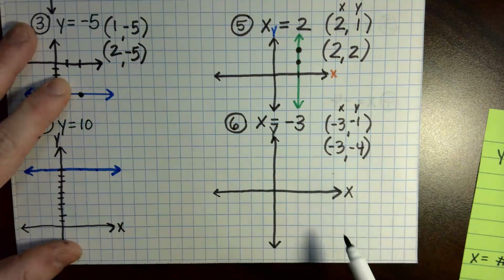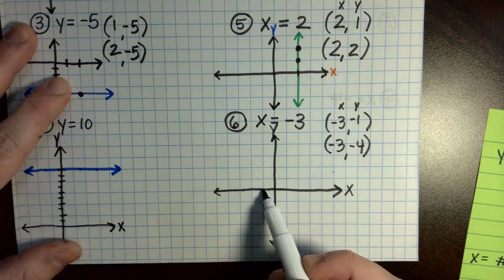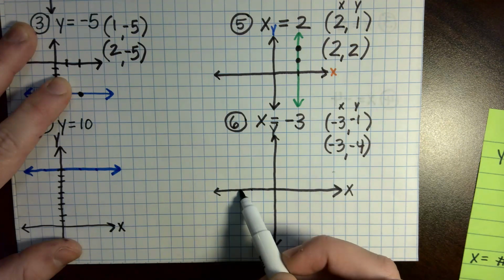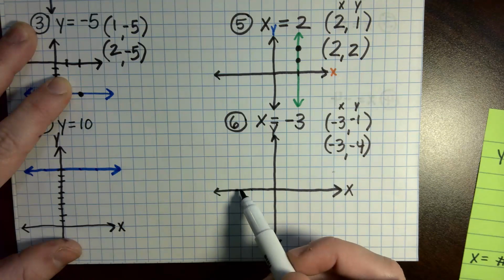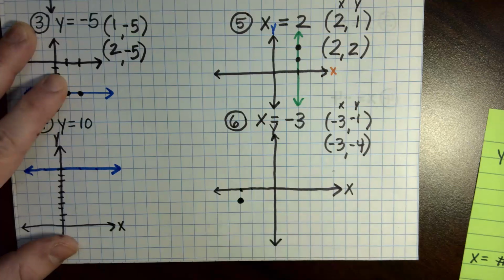How many am I going in the x direction? -3. Since it's negative, we go this way to the left. 1, 2, 3. And then our y is -1. So we just went over -3. Now, because it's negative, do we go up or down? Down. So here's our first point.